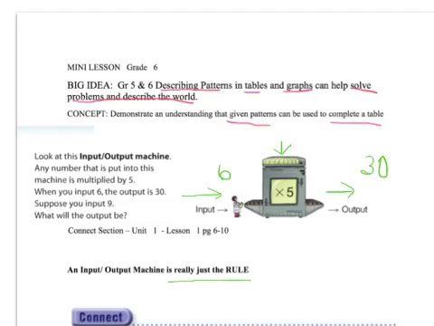You could apply this same rule to other input numbers. Assume your input was 9, multiplied by 5, your output then would be 45. So our rule really is multiply by 5, which then gives us our output.